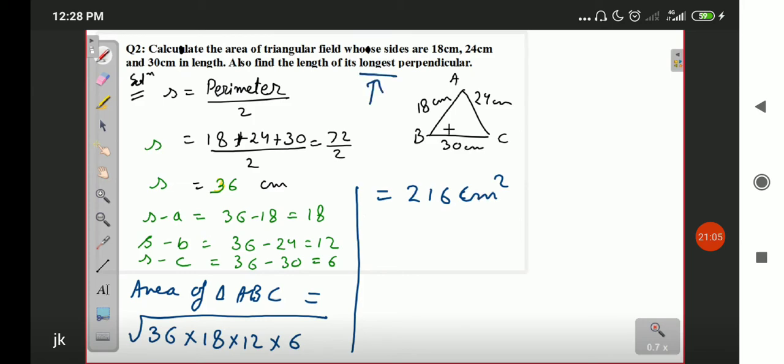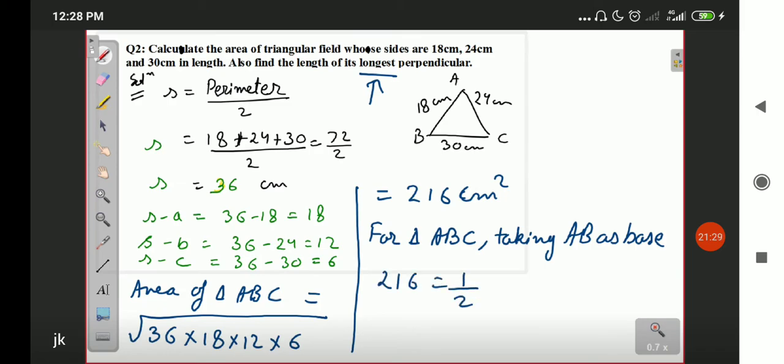So for triangle ABC, taking the smallest side as base, taking AB as base, we are taking the smallest side AB as base. So what will we have? Area of triangle is 216 equals half into base, which is 18, into height.